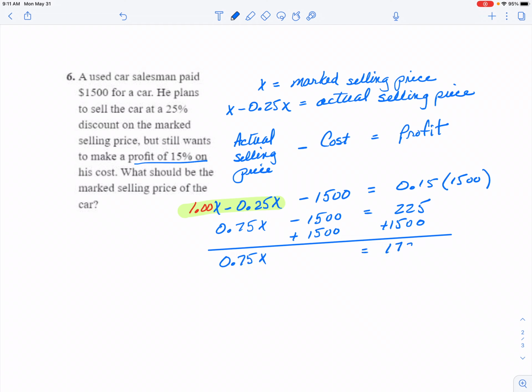What's that? 1,725. And dividing each side by 0.75. We want the X to be there standing, not canceled out. And I got $2,300 for the marked selling price.